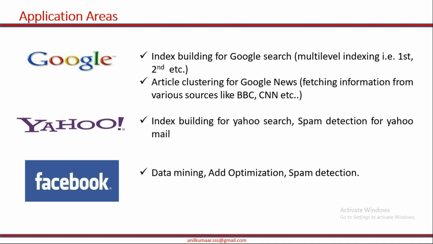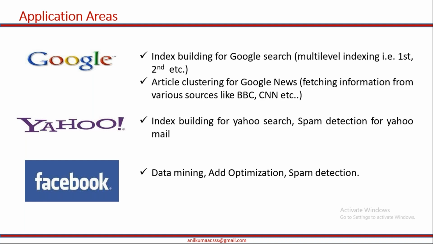Similarly, article clustering. Google is getting news feeds from different sources like BBC, CNN, and others, right? So the news has to be collected and given a reference. Also, whenever a particular thing is queried, maybe you're looking for some audio, video, or textual data in Google search, the appropriate information has to be displayed.